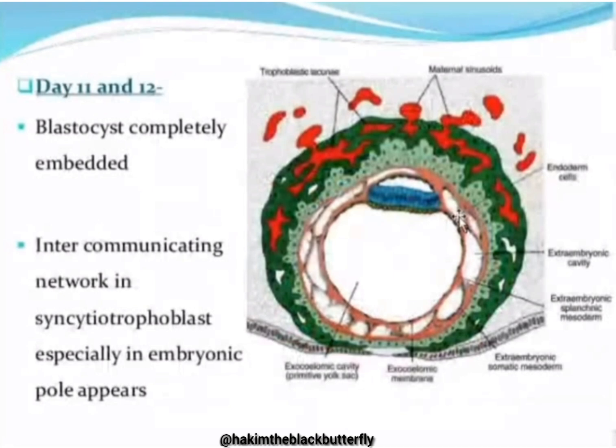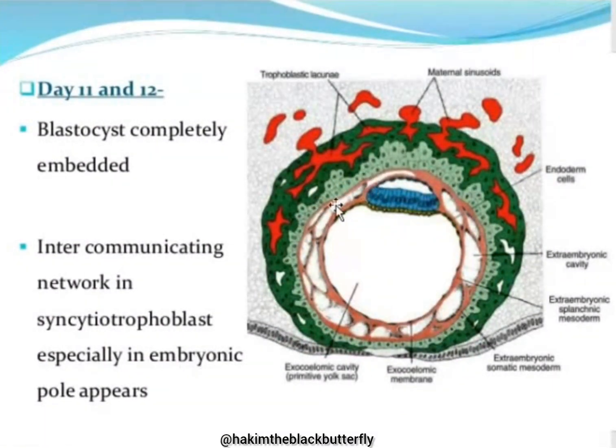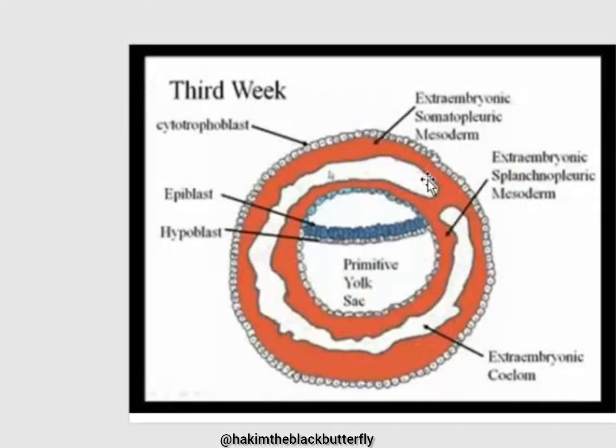Originally, it is made up of different cavities which coalesce to form one continuous cavity, which is the chorionic cavity, except at the connecting stalk. It's the extraembryonic cavity, or you can call it extraembryonic coelom, or you can call it chorionic cavity. They also call it gestational sac.